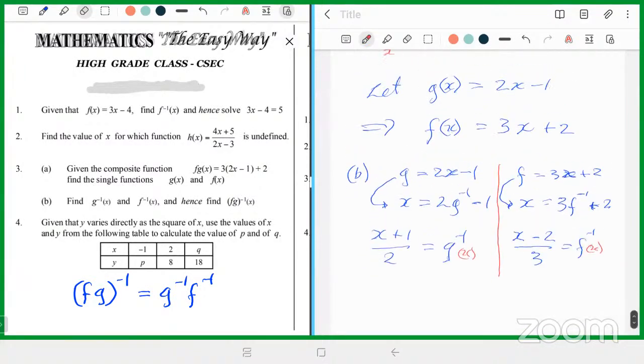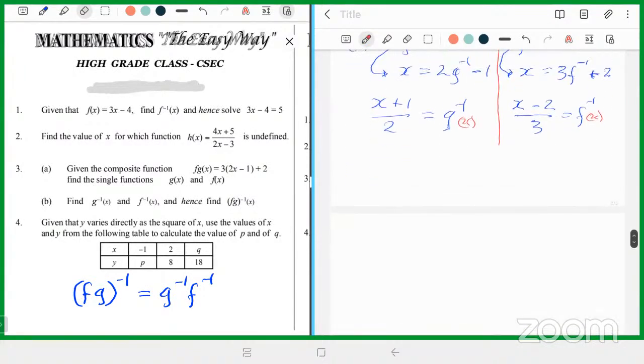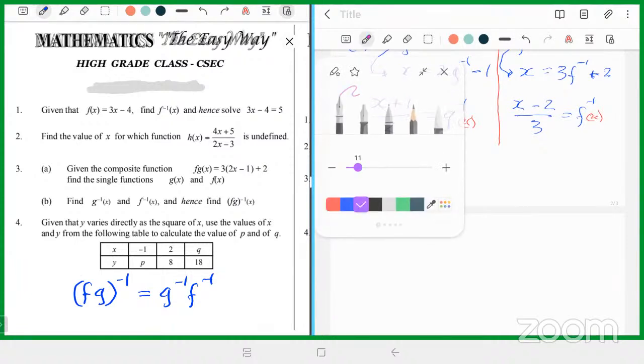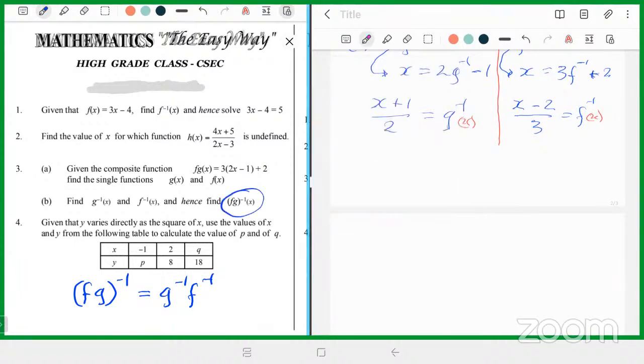All right, and now we want to use the hence method to find this, as we said, over here. And we are going to be using this identity. So I want to say hence, let's do it in purple, so basically finding this now. (fg) all to the minus 1 is equal to, note that I've left off this x expression.